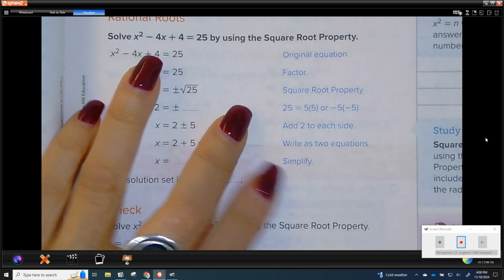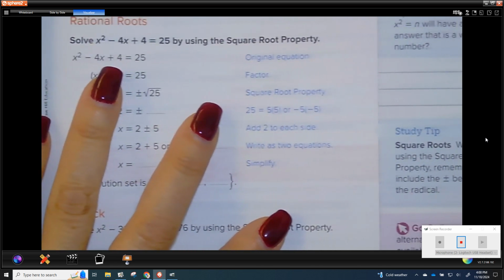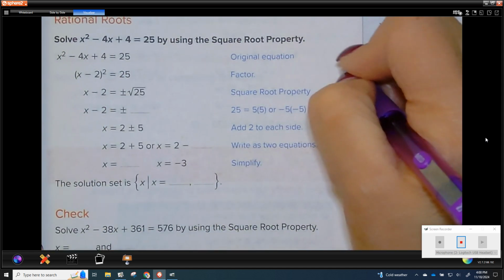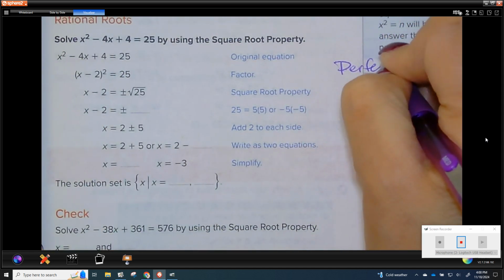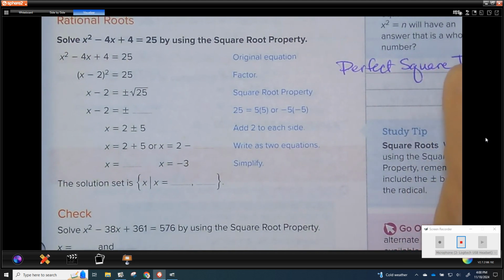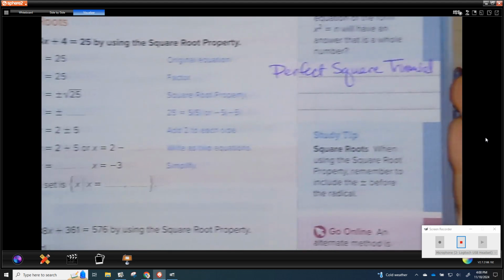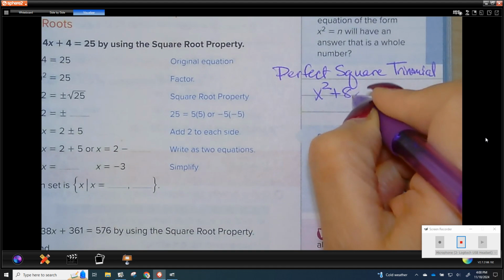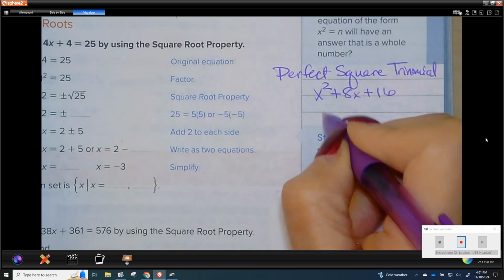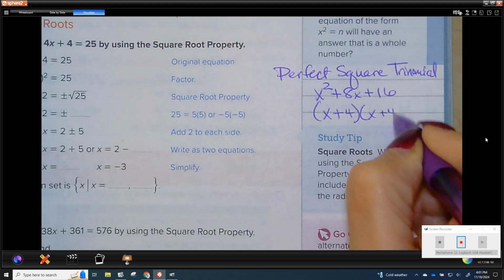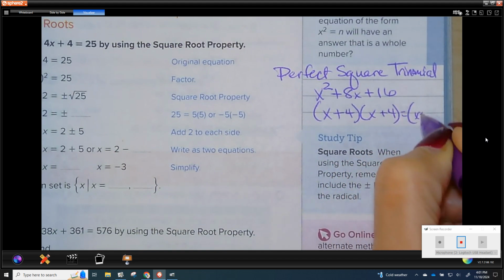Now, let's talk about what a perfect square trinomial is. We know what a perfect square number is, but a perfect square trinomial, we did it last lesson 2. So that's when you have, for example, x squared plus 8x plus 16. Well, that factors to x plus 4, which is (x plus 4) squared.